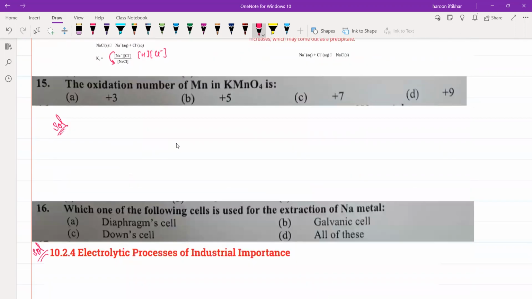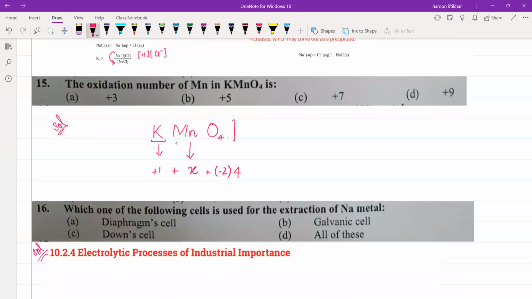Okay, the oxidation number of manganese in KMnO4. So we can write this, KMnO4. That's very simple. Potassium belongs to the alkali metals, so it always carries a positive 1 charge. The oxide here is a normal oxide. So manganese is X and oxygen is -2, and we have 4 oxygens.